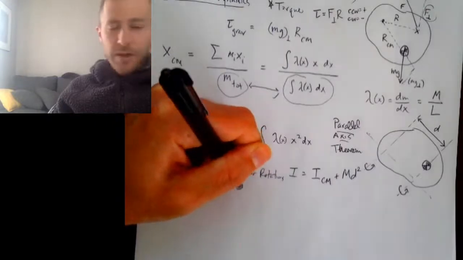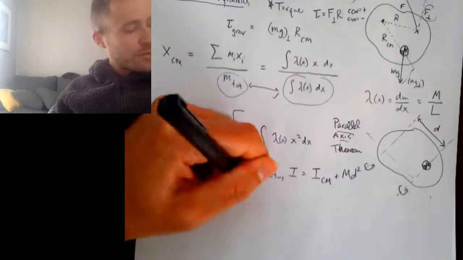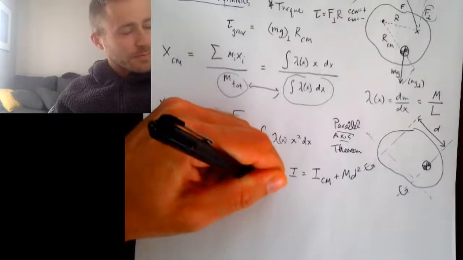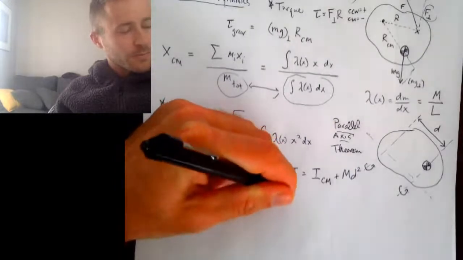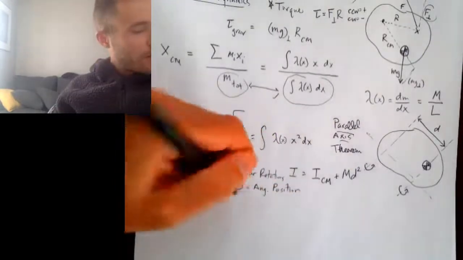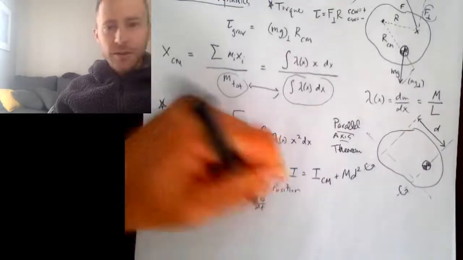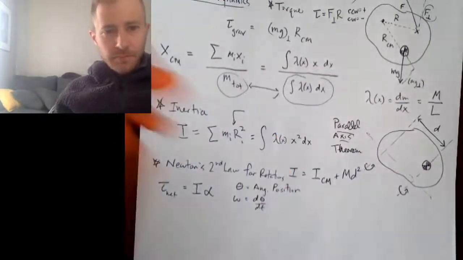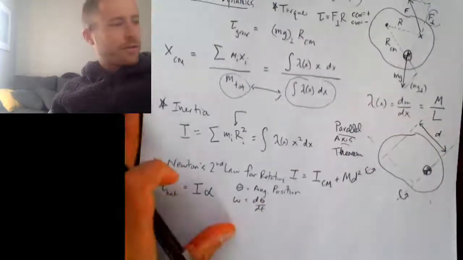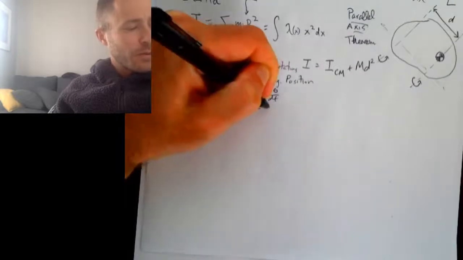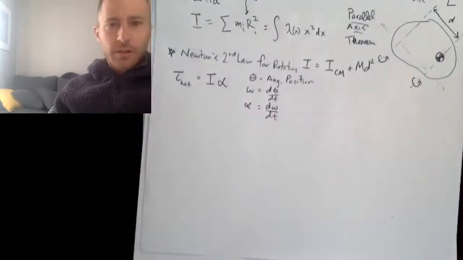There's theta, which is angular position. There is omega, which is d theta dt. That's the angular velocity. There is alpha, which is d omega dt. That's the angular acceleration.